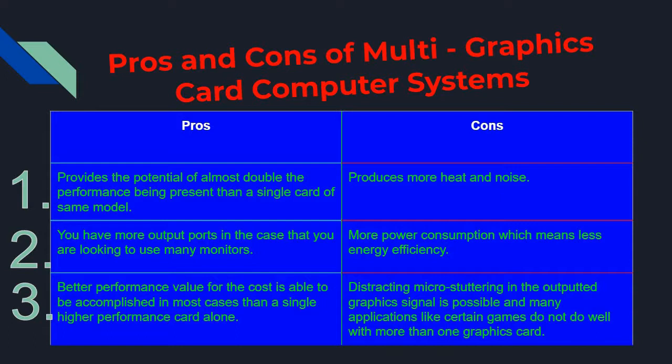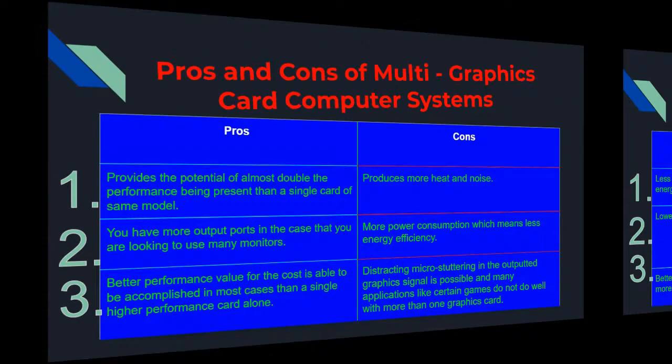You get better performance value for the costs, and that's usually being able to be accomplished rather than having one single higher performance card alone. So if you use two mid-tier range graphics cards rather than one higher performance, higher end graphics card, some cases the two mid-tier graphics cards will give you better performance for the cost.